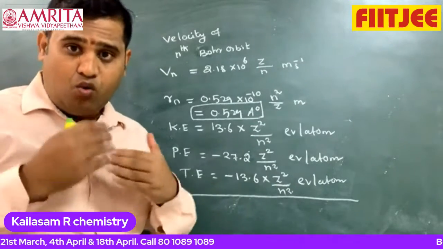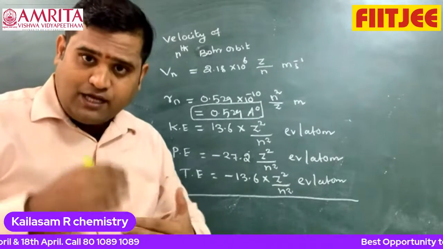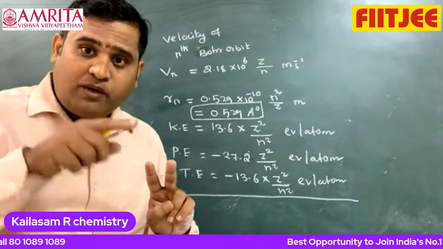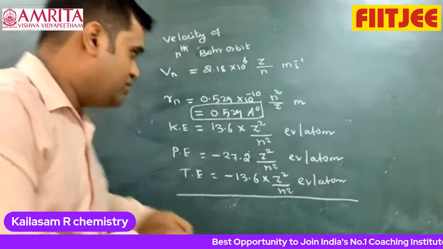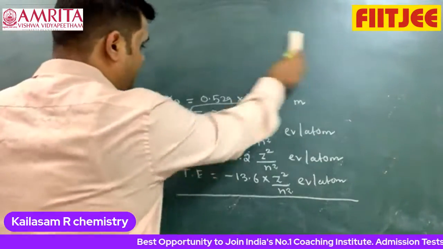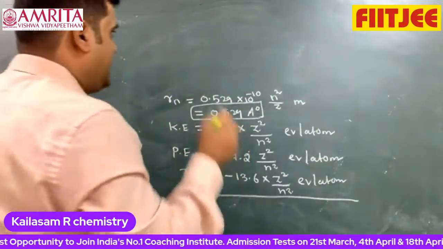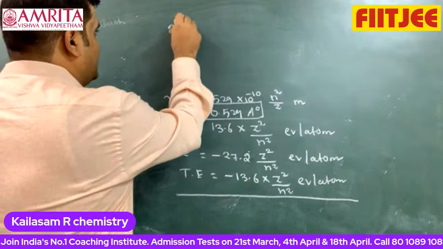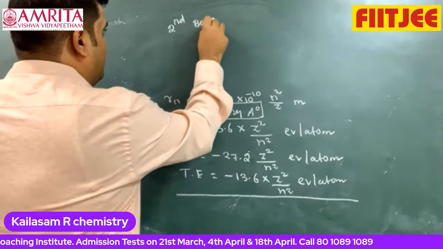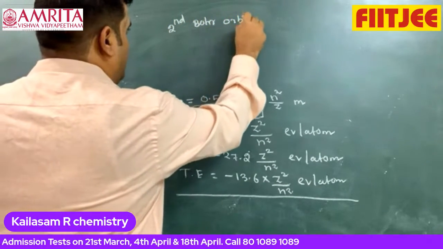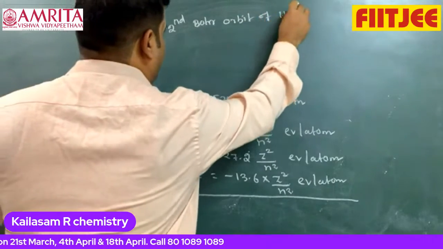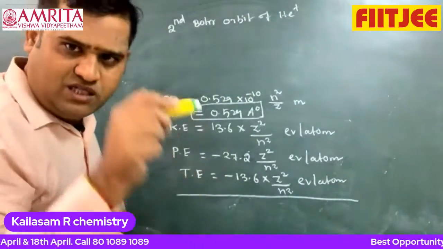Now I am asking, what is the radius of the second Bohr orbit of helium plus? What is the formula?